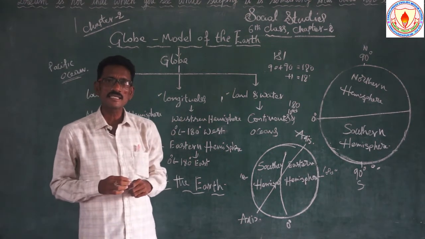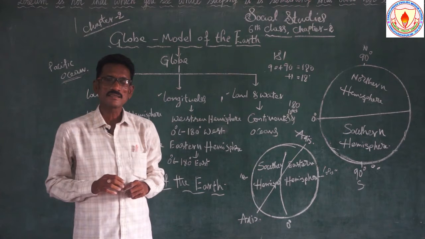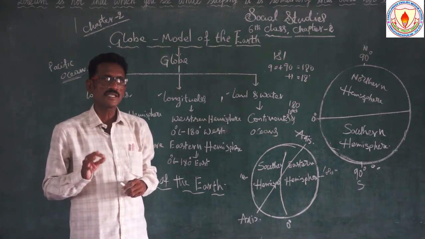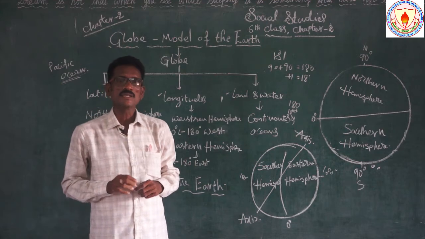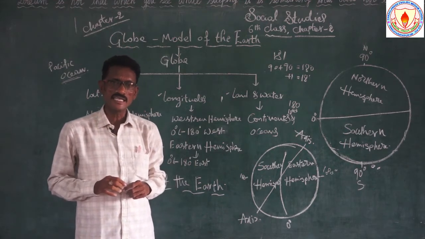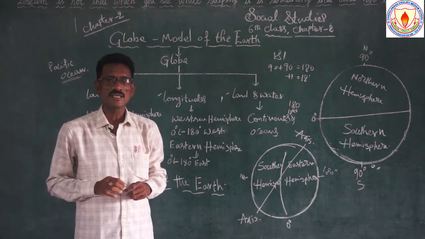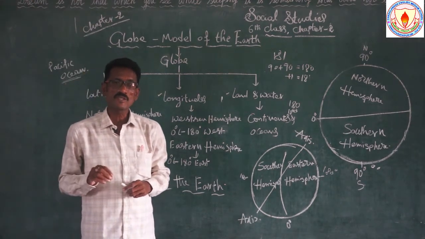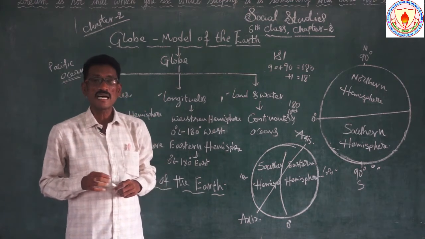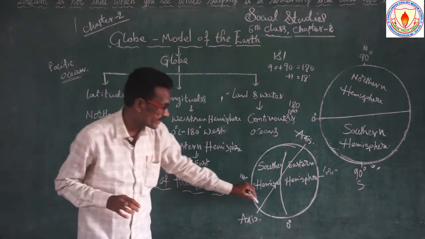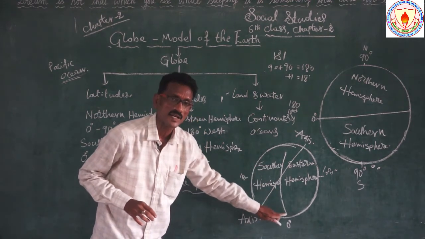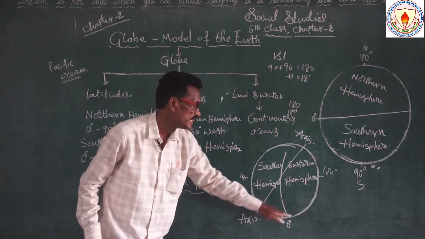How many continents are there? 7 continents, 7 landmasses. The biggest continent is Asia, the second biggest is Africa, the third is North America, the fourth is South America, and the fifth biggest continent is Antarctica. Where is Antarctica located? On the southern part of the globe.